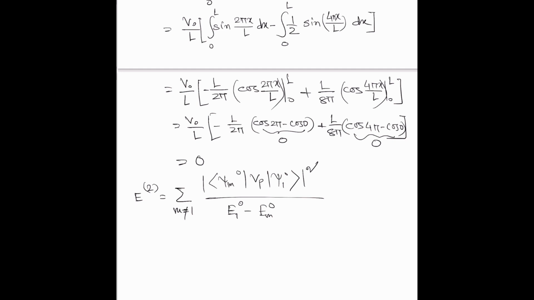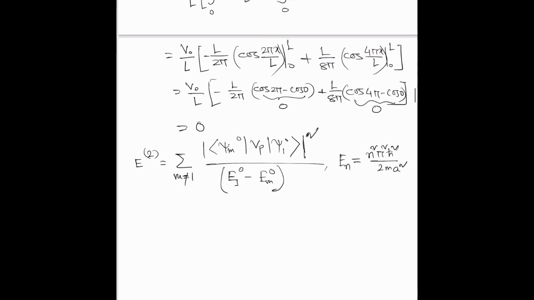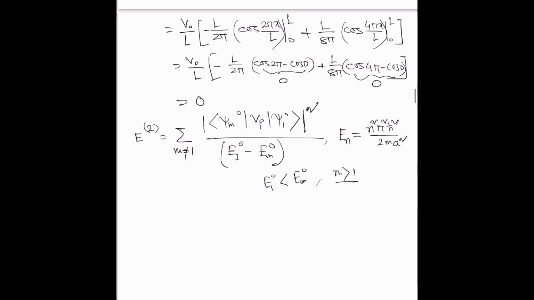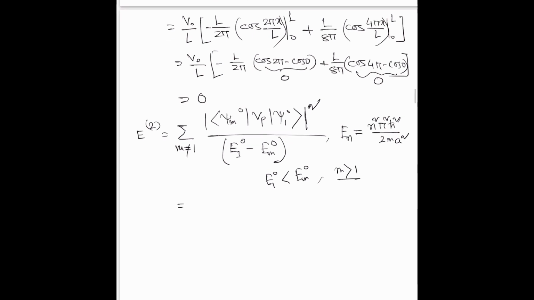Since n starts with 1 for a 1D infinite potential well, that's why we have written E10. Now we know the eigen energies for the infinite potential well are given by n square pi square h cut square by 2m L square. Now the numerator is always positive because it is a square value, but the denominator is negative because E10 is always less than Em0 for m greater than 1, so the whole value will be negative.